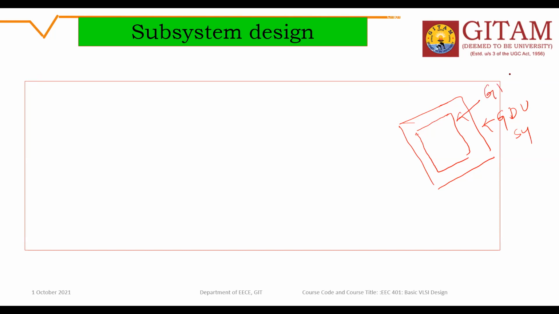Again, our GIT has different branches: mechanical, civil, biotechnology, electrical, instrumentation, electronics and communication engineering. So these are the different colleges. Next level is colleges or institutions.